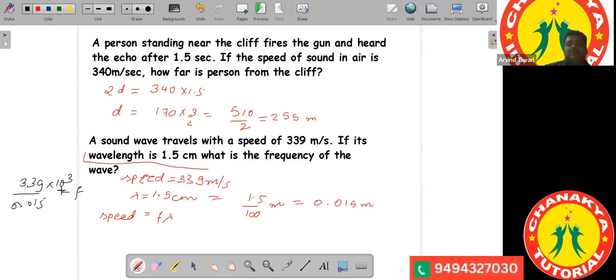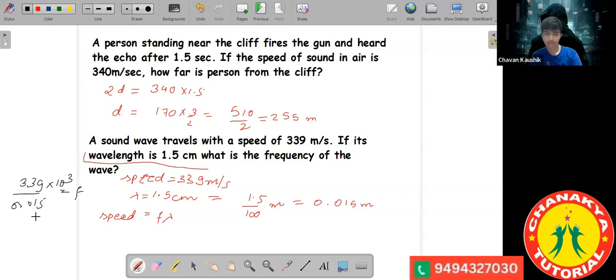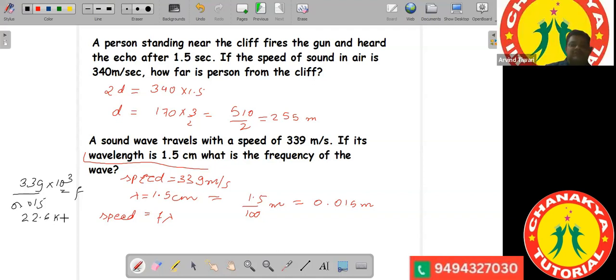Let this 10 to the power 3 be kilo, and divide the rest. It will become 22.6 kilohertz. This is the frequency. Or without kilo, it will be 22600 hertz. Either you write 22.6 kilohertz or 22600 hertz.